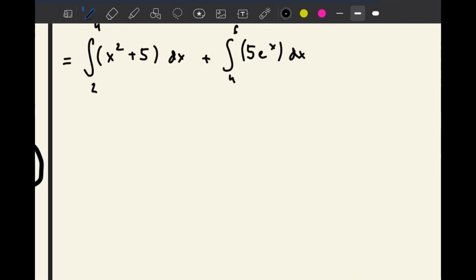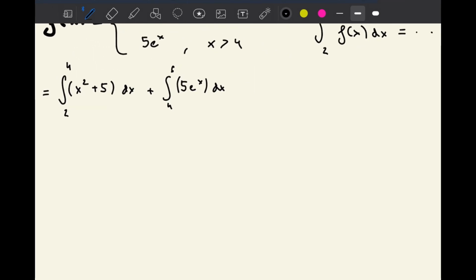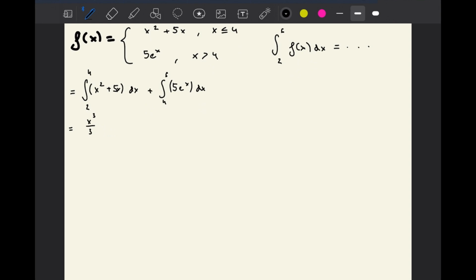And now we just solve this. Over here we can utilize the power rule. So we have x cubed over 3. Sorry, this is a 5x. x cubed over 3 plus 5x squared over 2, and this ranges from 2 to 4.